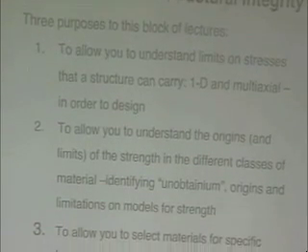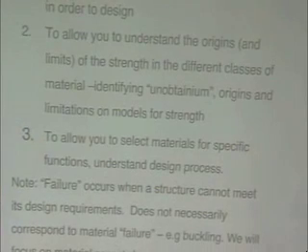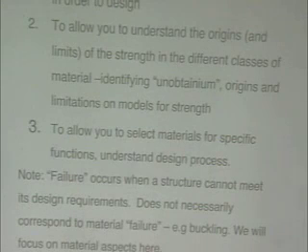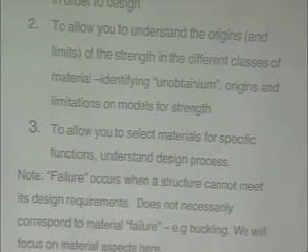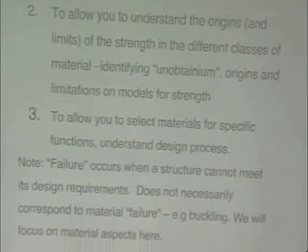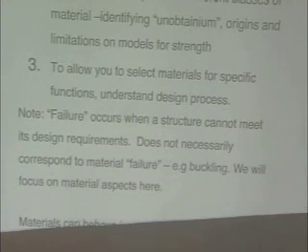Then to allow you to understand the origins and limits of the strength of the material. So just as we looked at atomic structure, crystal packing, atomic bonding to look at the origins of Young's modulus, we're now going to do the same thing but for where strength comes from. And then finally, to allow you to select materials for a specific application.